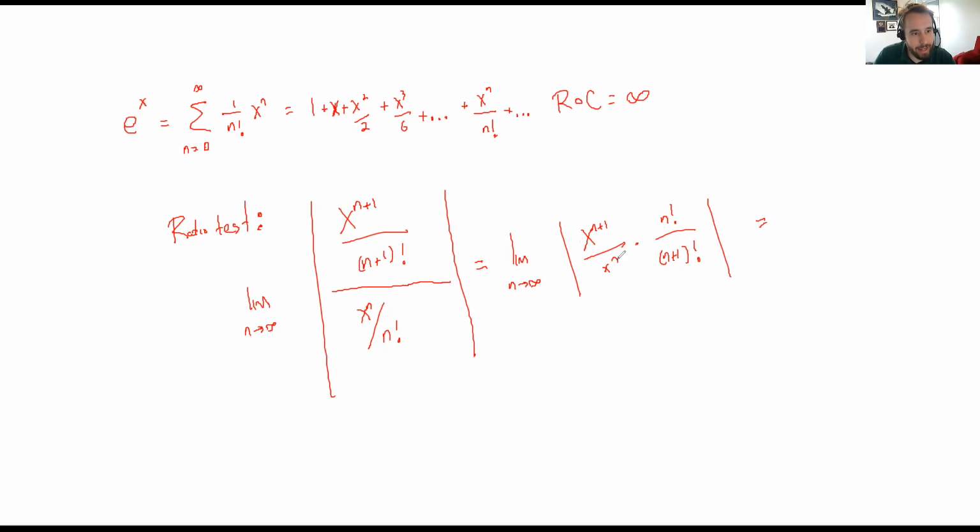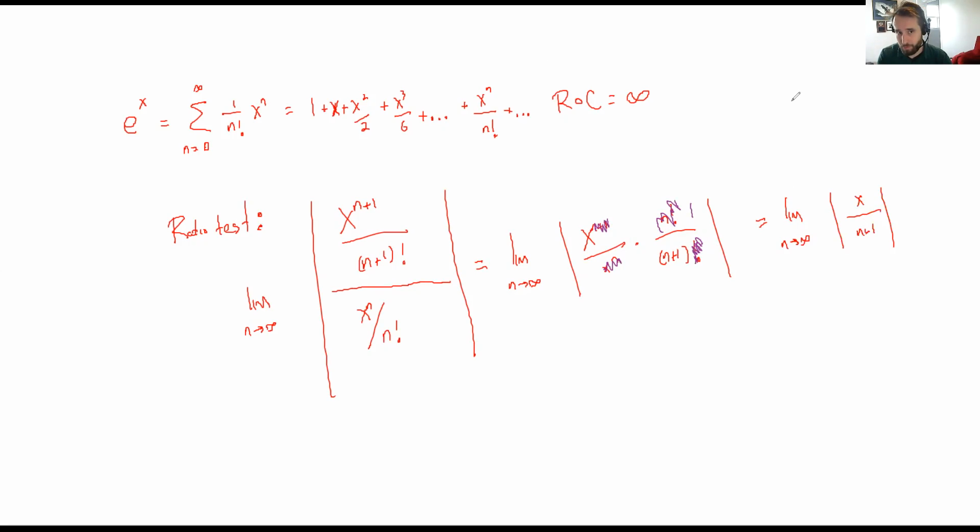The x to the n will cancel, leaving us with a single x in the numerator. The n factorial up here will cancel with most of the n plus 1 factorial down here, leaving us a single 1 over n plus 1. And so what we get then is the limit as n goes to infinity of x over n plus 1. Great. And so what does that equal?